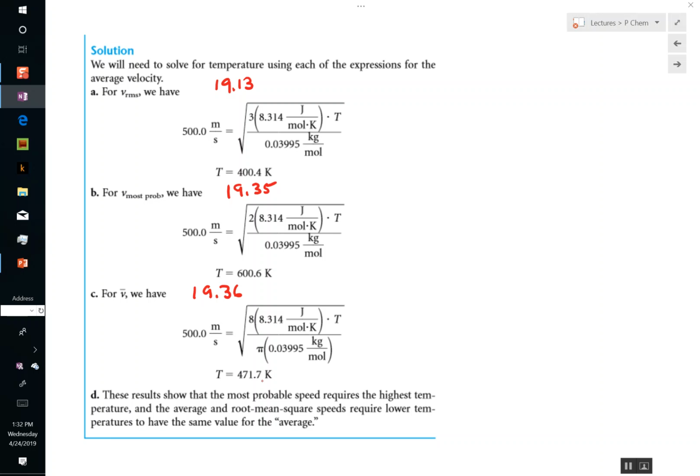And the author summarizes here, the results show that the most probable speed requires the highest temperature. The average and root mean square speeds require lower temperatures to have the same value for that velocity, to get that same velocity for that defined speed.